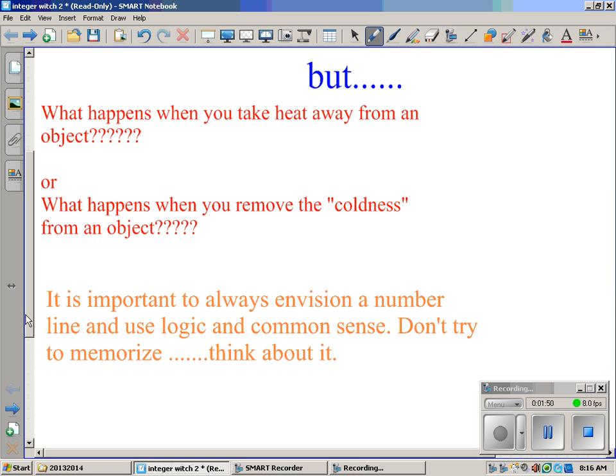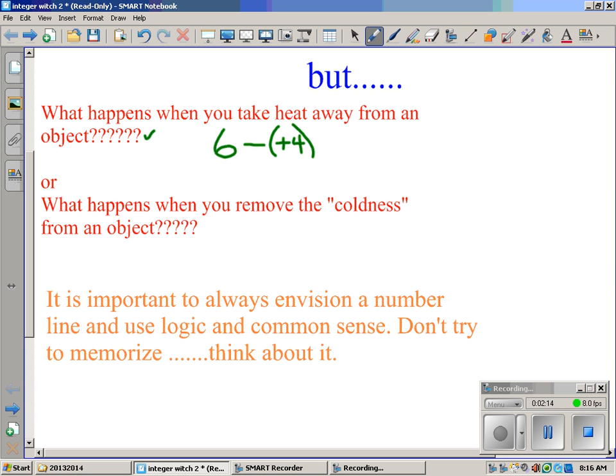So anyhow, this next one says, what happens when you take heat away from an object? Well, heat away is subtraction. So really what the question is what happens when you subtract heat from an object? So if we had a temperature or a number of 6 and we subtract, we take away more heat or positives.